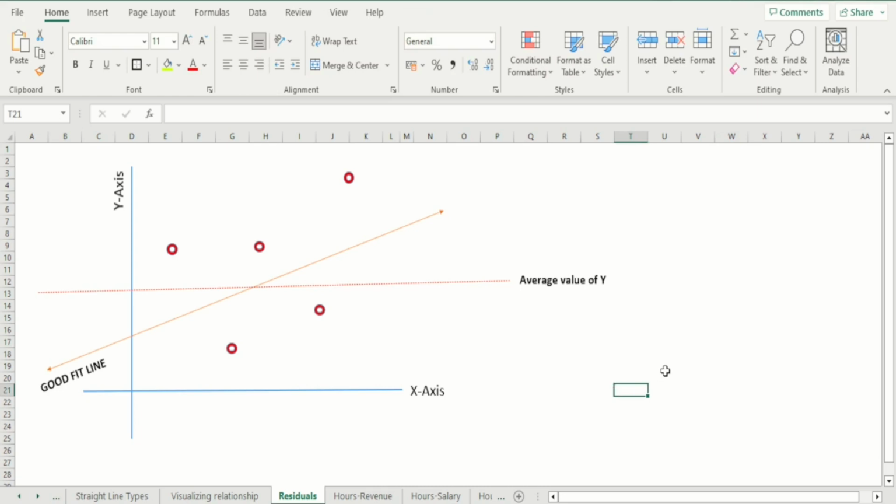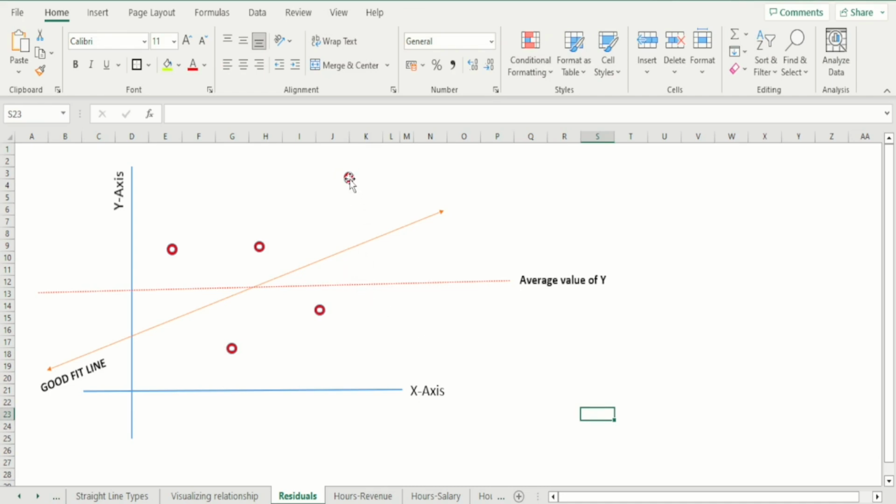So within this good fit line, remember that there is a certain variance. So for instance, here, what we have is the average value of y. So if you were to take these 5 data points and take their average, you will get the average value of y. Now, in some cases, the value of y is above the average line.